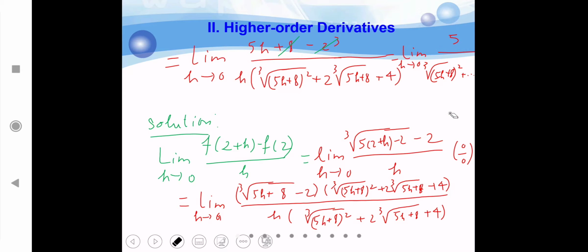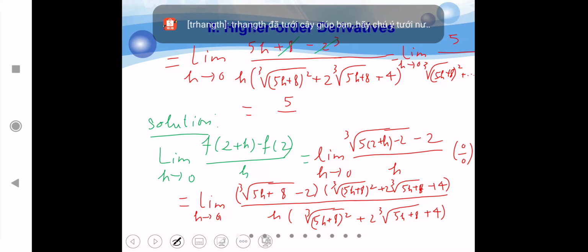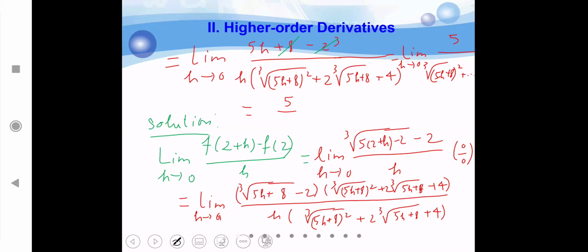It equals 5 over what number? When x tends to 0, the first term in the denominator tends to number 4, because the cube root of 8 equals number 2, and 2 squared equals number 4, so we got 12 in here.